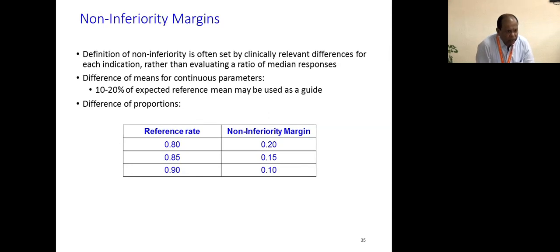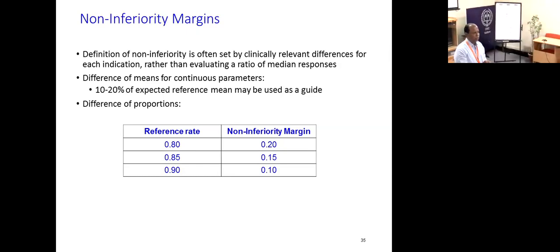Many times we ask the question, how do I fix my margin? What is the non-inferiority design margin? If you cannot find any margin, the maximum allowed margin is 20%.